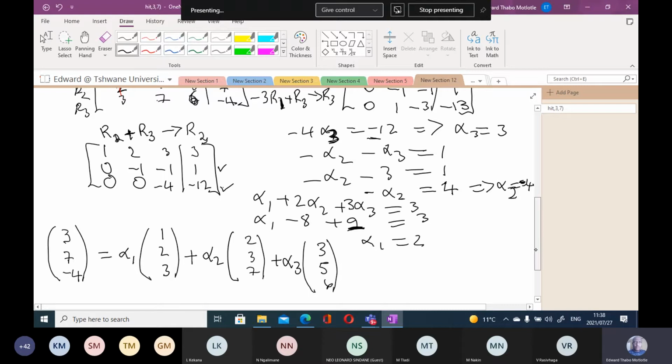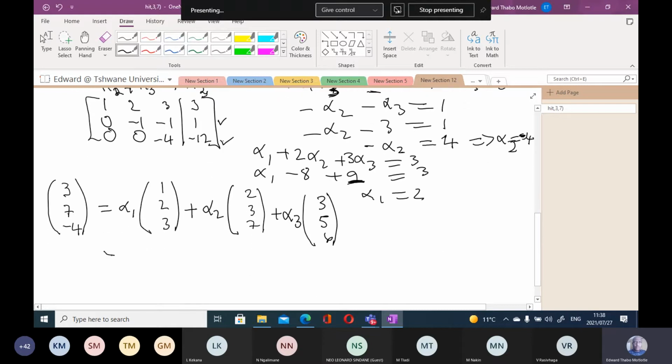So now we substitute these values of alpha. Let's see. The left-hand side must equal to the right-hand side if we have solved it correctly. Okay, now alpha 1 is what? Is 2. So it's 2, 1, 2, 3. And plus alpha 2 is what? Is 2. So this is 2, 3, and 7.